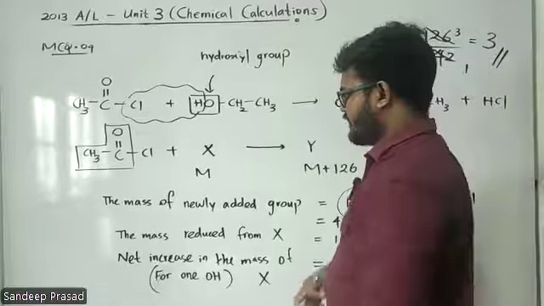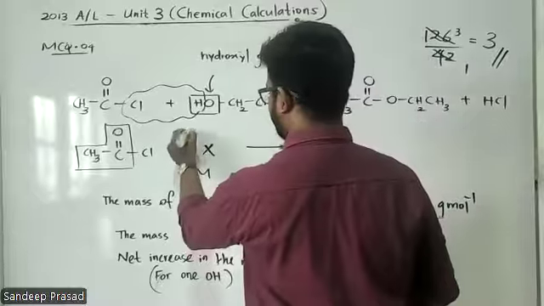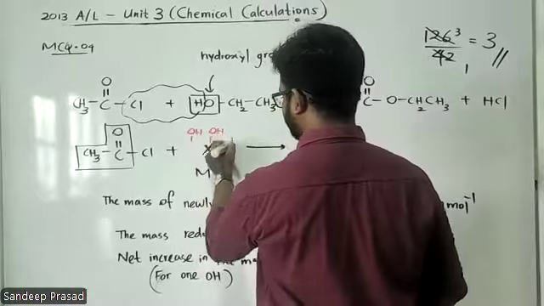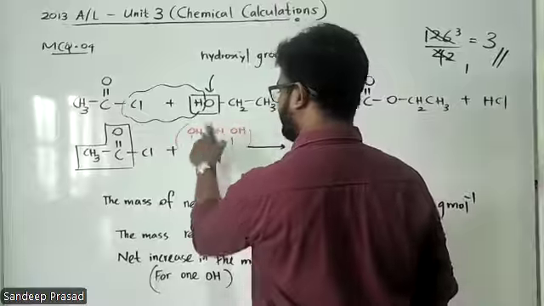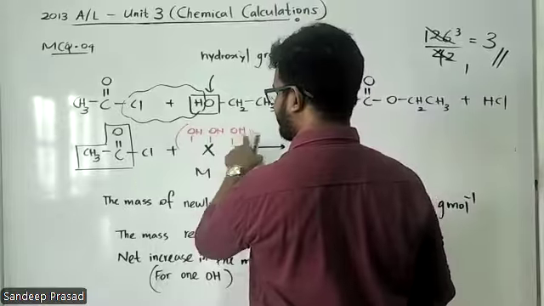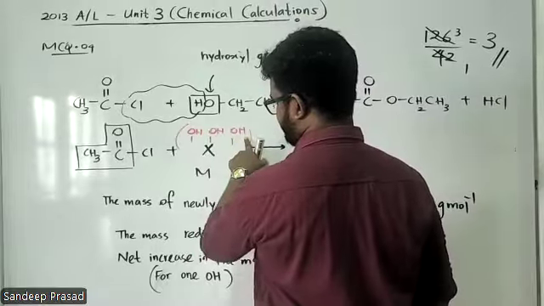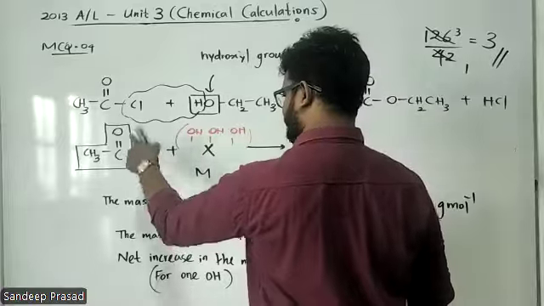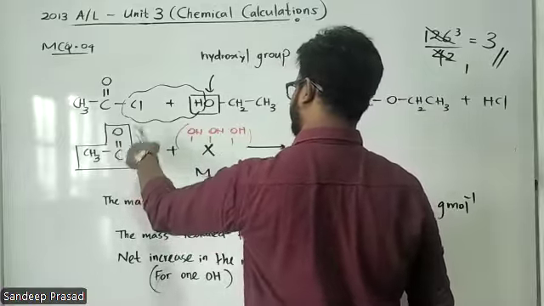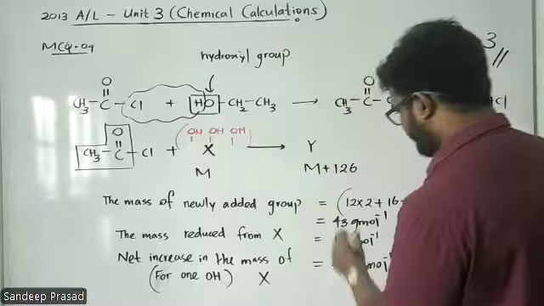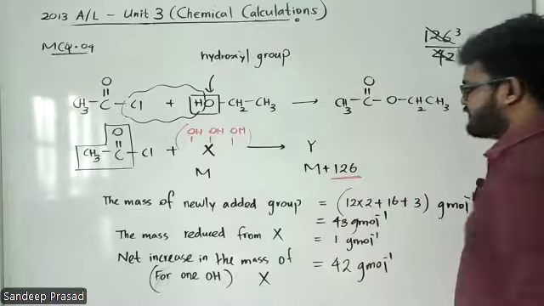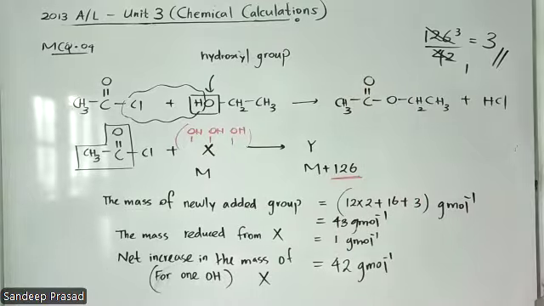Can you understand? In this capital X compound, there are 3 OH groups, right? Because with 3 OH groups, we know that 3 chlorines are eliminating. So in order to have 3 chlorines, we should have 3 CH3C double bond groups. That's why increment is becoming 126, right?